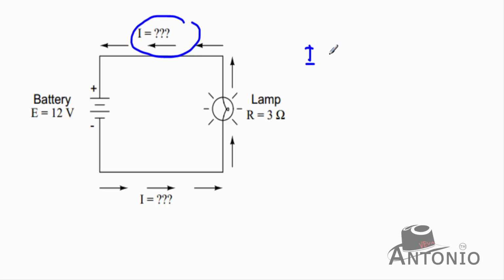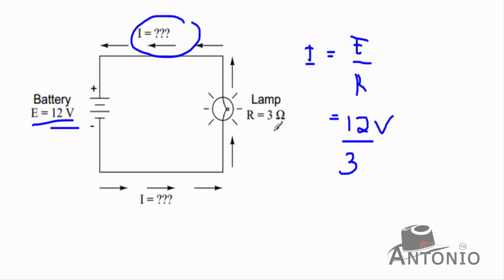I'm going to write I equals E over R. The voltage, represented by E, is 12 volts, over 3 ohms, which is our lamp, the resistance.